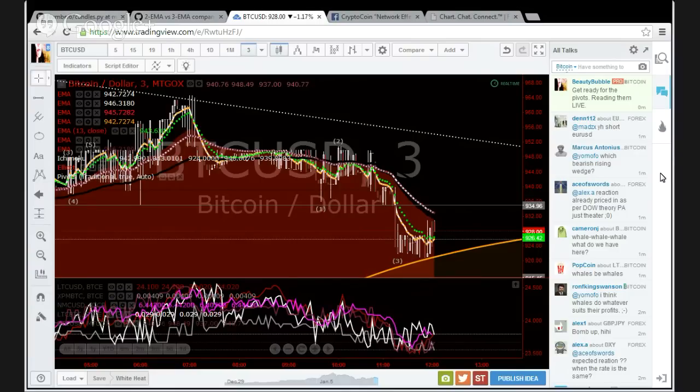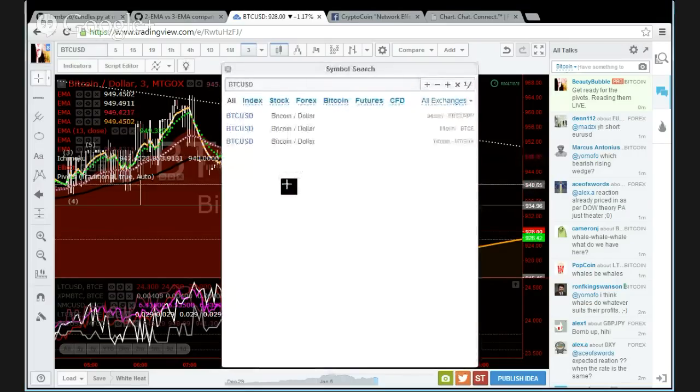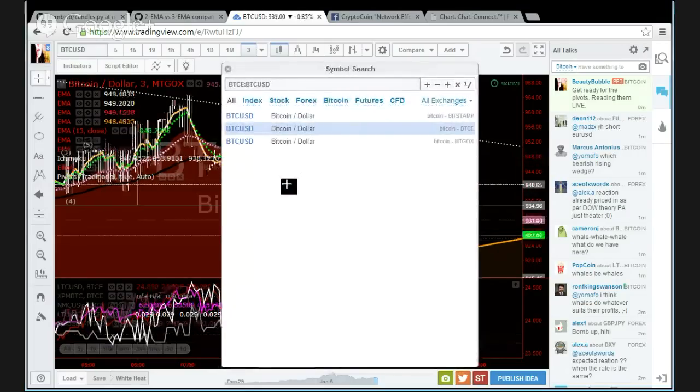So hold on just a moment. The next pair is going to be the Bitstamp, BTC USD, where the exchange is Bitstamp. So instead of Mt. Gox, they'll say BTC USD Stamp. That's how people refer to it.